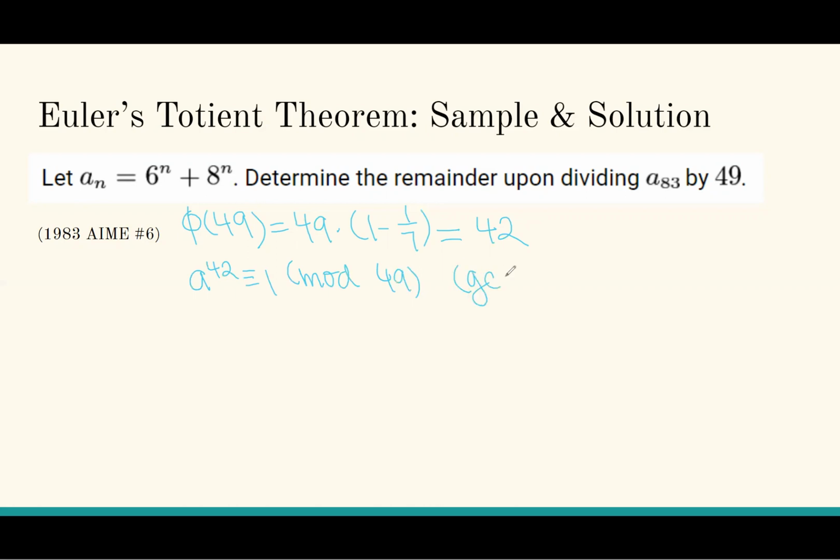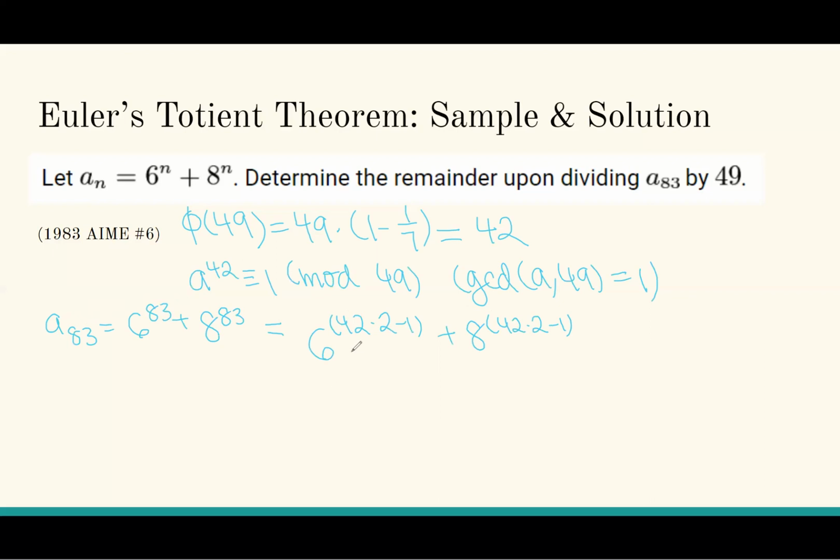And we note that GCD of a and 49 is 1. Now, since the GCD of 6 and 8 with 49 are both 1, we can use this. So then A83 is equal to 6 to the 83 plus 8 to the 83, which is equal to 6 to the 42 times 2 minus 1 plus 8 to the 42 times 2 minus 1.